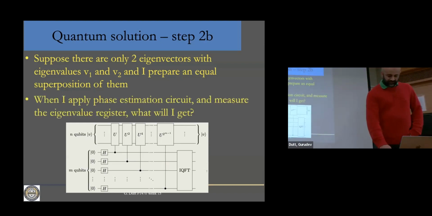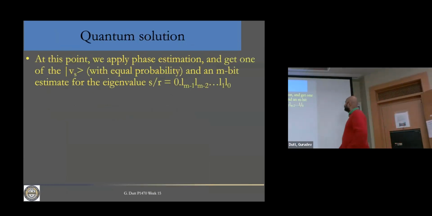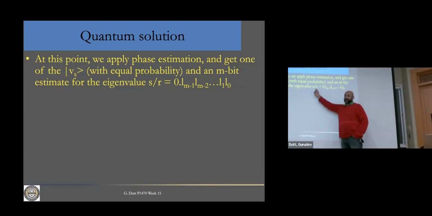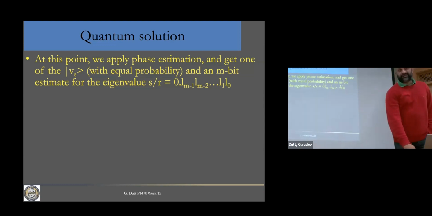So let's go through it. Suppose I prepare at this point the equal probability superposition. Then we're going to get one of the VS after measurement and the corresponding eigenvalue, which is S over R. Again, I can interpret this as some register, L(m-1) up to L1, L0, so M bits basically.